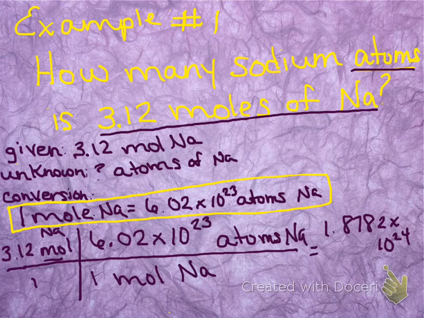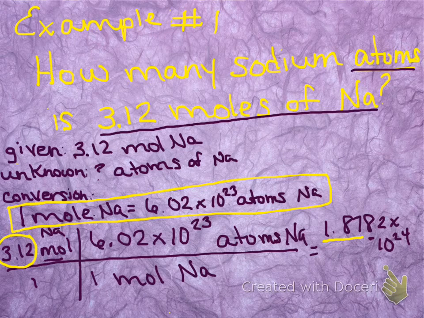Now, sig figs are still going to be important this semester. So if we look at our original number, we started out with 3.12. That number has 3 significant figures in it. So our answer can have 3 significant figures. So we can have this 1.87. We need to look at the next number for rounding.